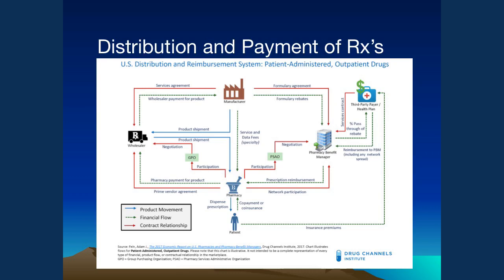But the way a pharmacy gets paid today is they either directly contract with the pharmacy benefit manager or the PSAO. And then the pharmacy, in turn, has to be very good at purchasing, so they can purchase from a primary wholesaler, or they can purchase from a primary wholesaler and some group purchasing organizations, because unfortunately the price of drugs changes day to day.